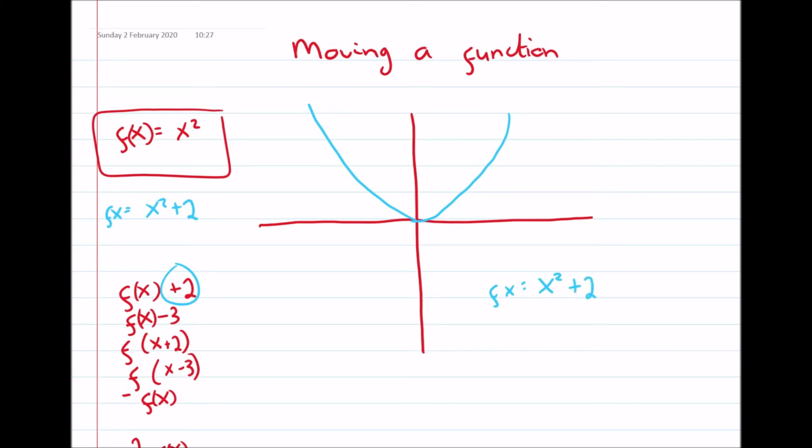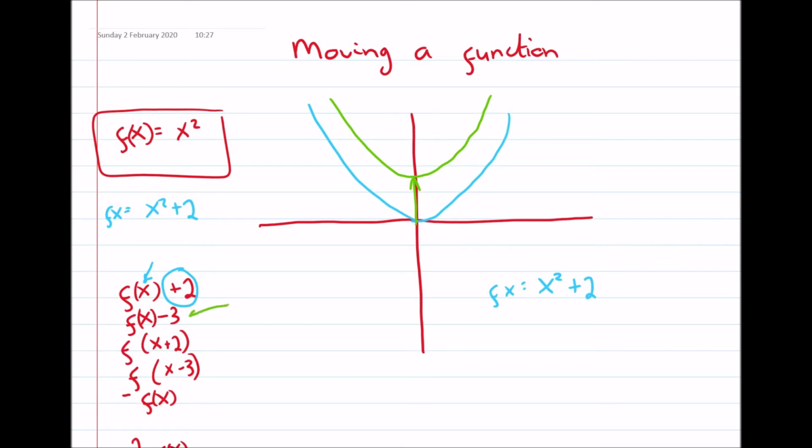So f of x would then equal x squared plus 2. What would happen? Well, if I add 2 outside the x, notice that this 2 is being added outside of that x bracket. Well, if we add 2, it'll just move the function up 2. So wherever that blue line is, it'll just shift the whole thing up 2.